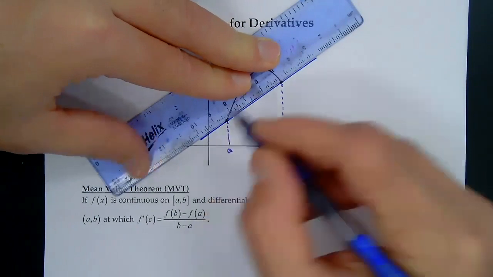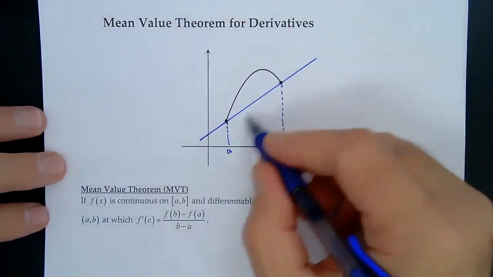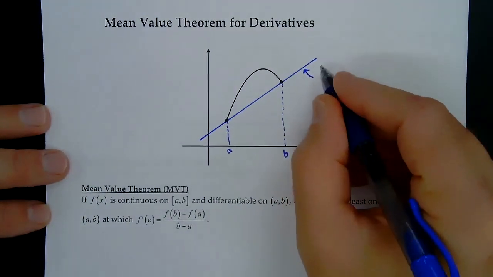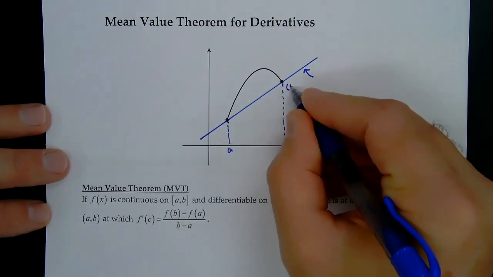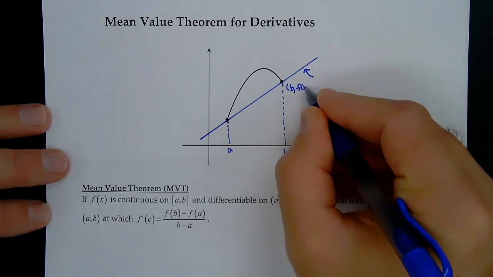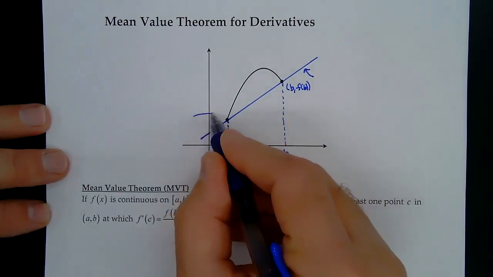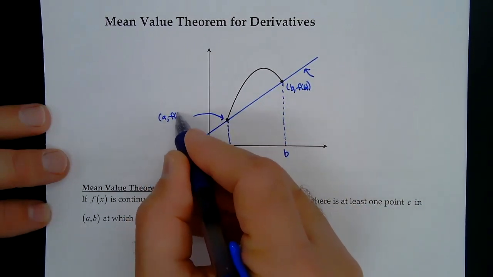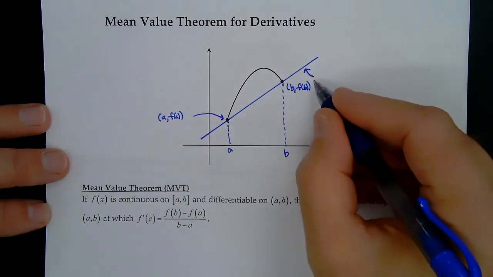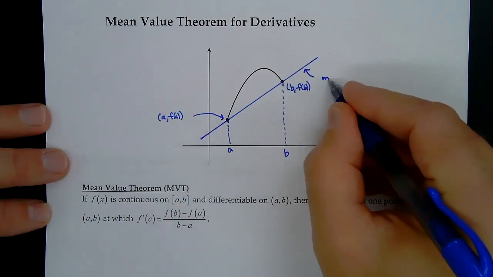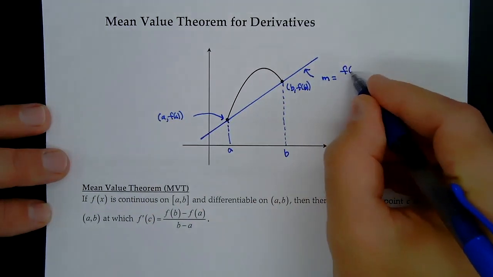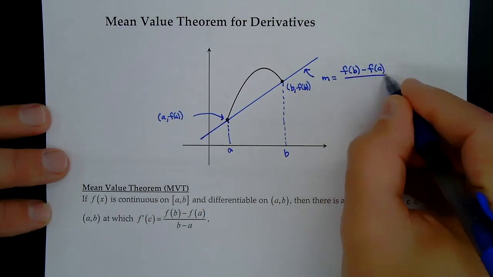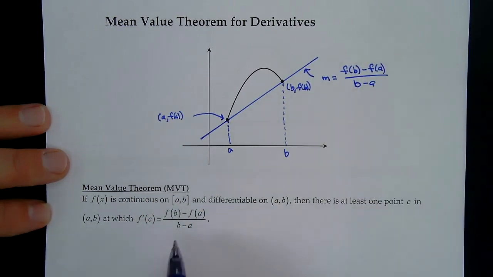This is saying that the slope of this line, and I should say this point right here would be B comma f of B, and this point right here would be A comma f of A. If I find the slope of this line, that would be m, and we could calculate that, it'd be f of B minus f of A over B minus A.